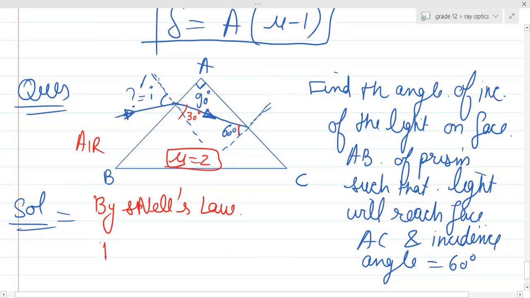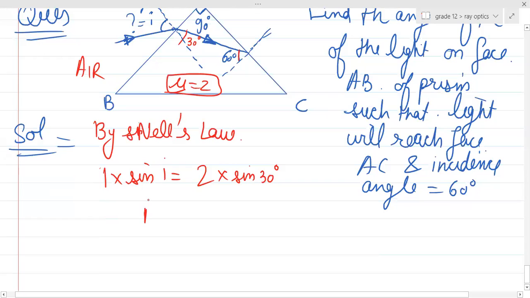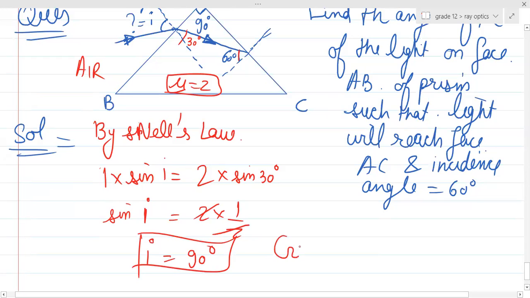So it will be 1 into sine I equal to 2 into sine 30. Correct. So from here, sin I will be equal to twice of 1 by 2, and hence sin I equals 1, and hence I will be 90, it's a case of grazing incidence.